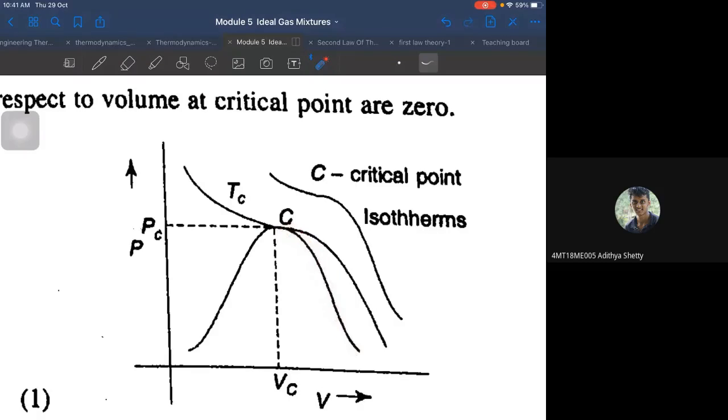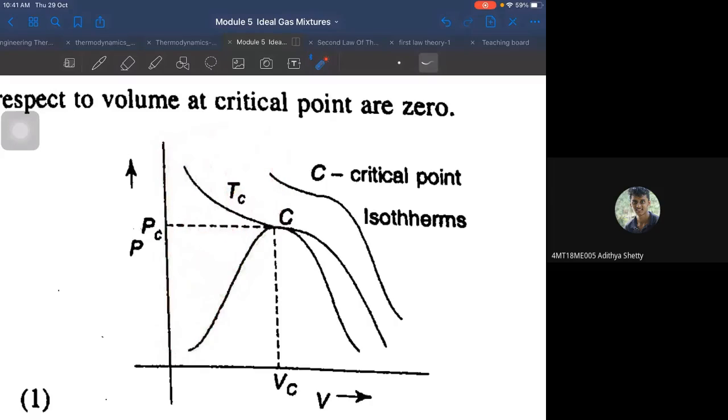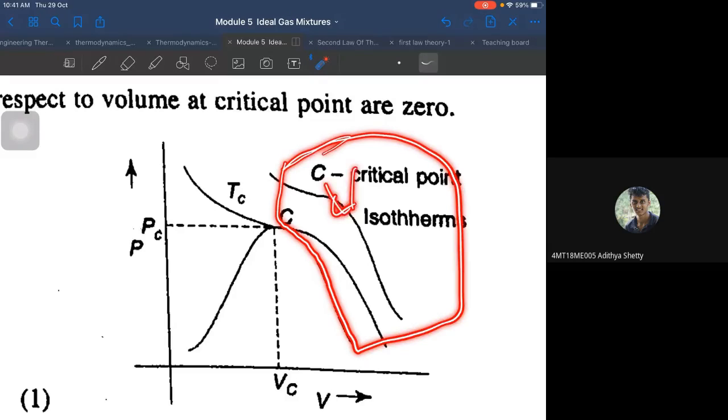Now beyond this, whatever is there, I am plotting it up. All of this is the liquid portion. So all liquid exists here. Apart from this, when you trace all these terms here, all vapor exists.